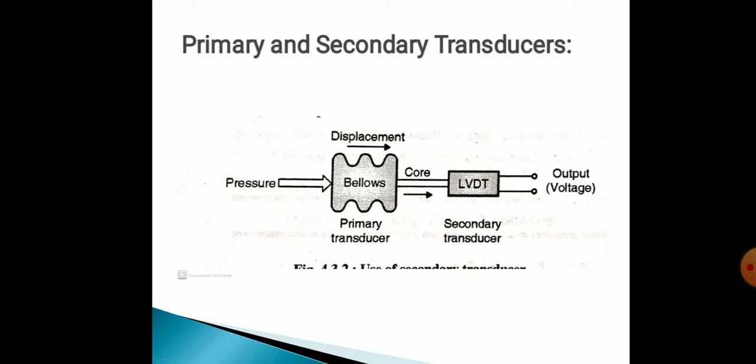In case of pressure measurement, bellows act as a primary transducer. So, pressure is applied to the bellows and displacement is produced, which is transferred to the LVDT, that is the secondary transducer. The LVDT produces an output signal, that is voltage, as per displacement.